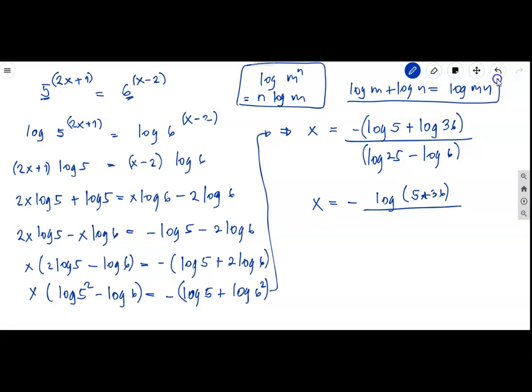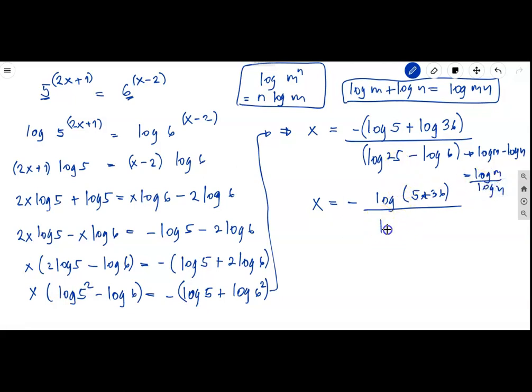This one is for the product. How about for minus or for division? This is also a property of logarithm. Log m minus log n equals log m over n.